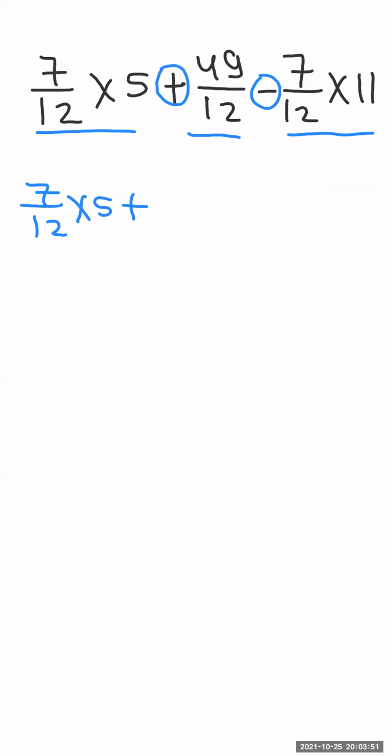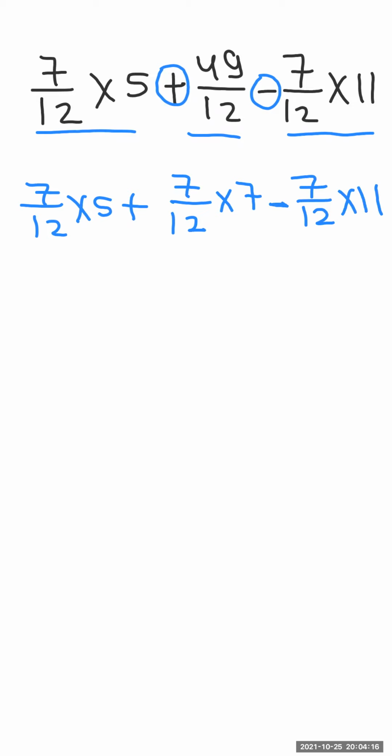I'm going to factorize it so that it will become 7 over 12 times 7. It's the same because 49 is 7 times 7, right? Then minus the last term, 7 over 12 times 11.